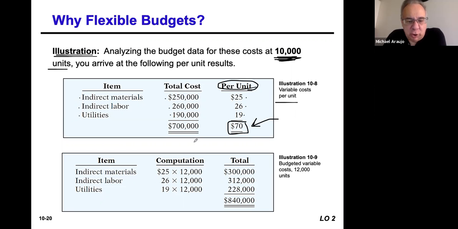Well, now that you've actually produced 12,000, can we update the numbers, please? Yes, we can. So let's update the numbers now in our budget based on 12,000 rather than 10,000.